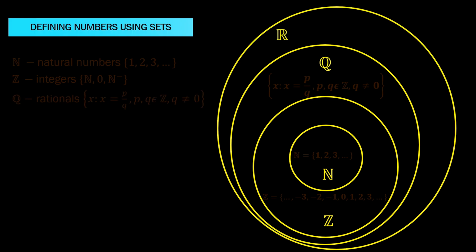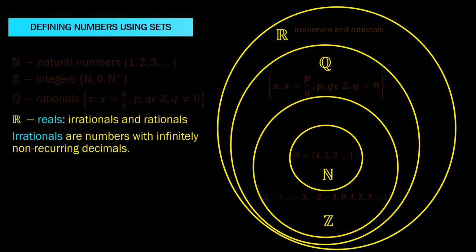Now let's take a look at the real numbers. The real numbers are the irrationals and rationals. Irrational numbers are numbers with infinitely non-recurring decimals. So the irrationals can be represented by Q complement, or everything which is not rational.